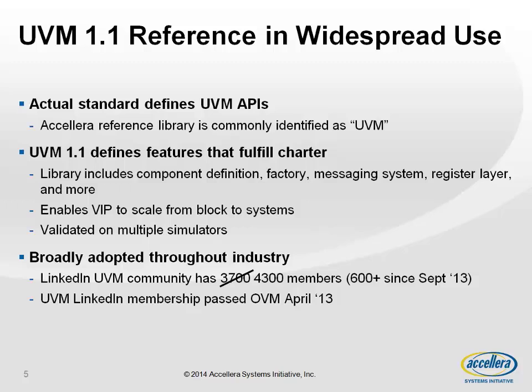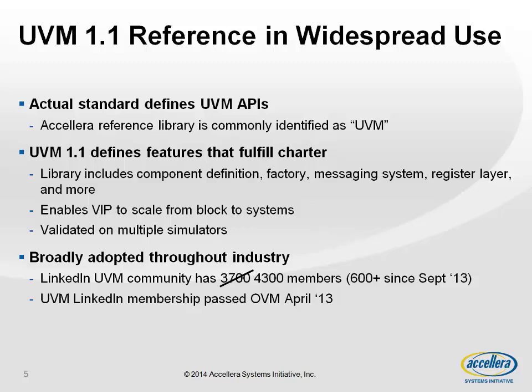It defines the features that fulfill the charter of the group, including component definition, factory, messaging, register layer, and more. These are the elements that you use in the library, and we'll be talking about those in the tutorial today. It enables verification IP to scale from block to system, and it has been validated on multiple simulators. And that's, I think, what's helping to drive a lot of the interoperability you all enjoy with it.